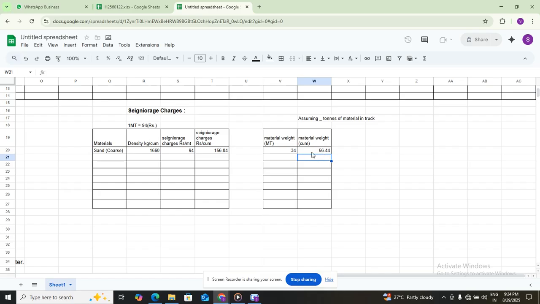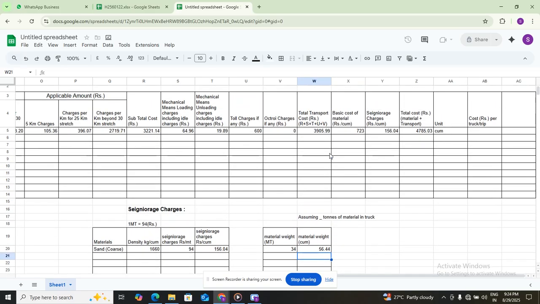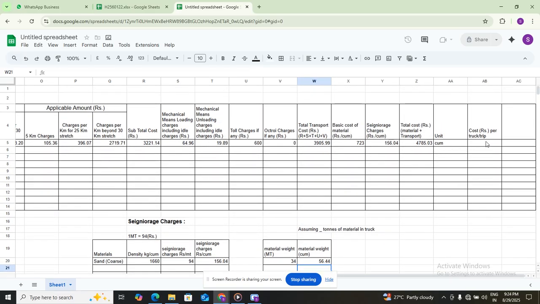This is the weight of material per cubic meter, 56.44 cubic meter of material. Now I can multiply here.